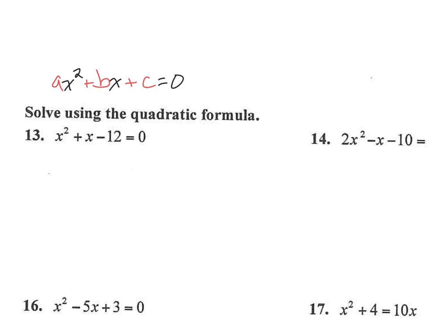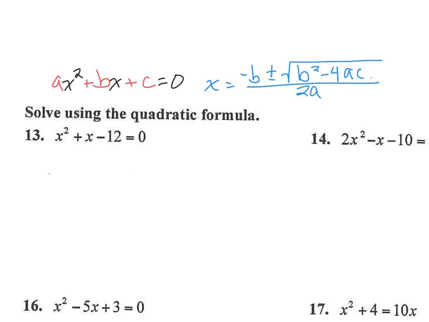So the formula that you need to use and need to know is this. X equals the opposite of b plus or minus the square root of b squared minus 4ac all over 2a. So all of these problems, I'm using this formula to substitute in.